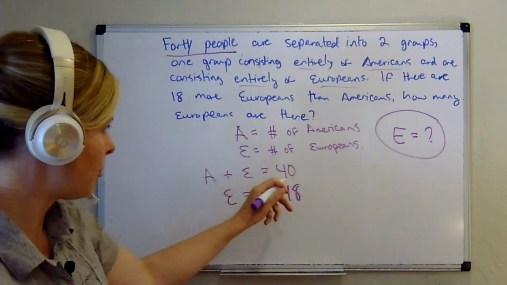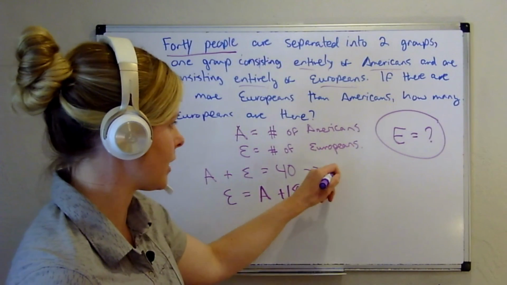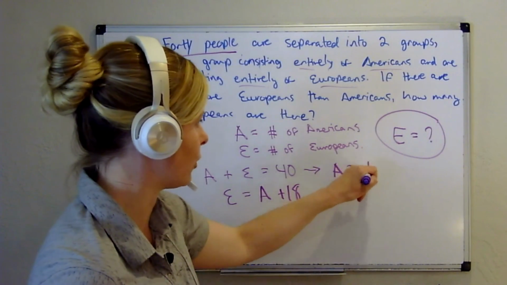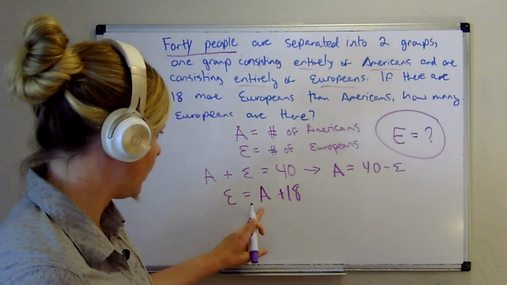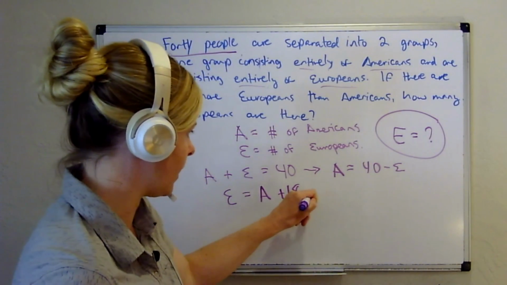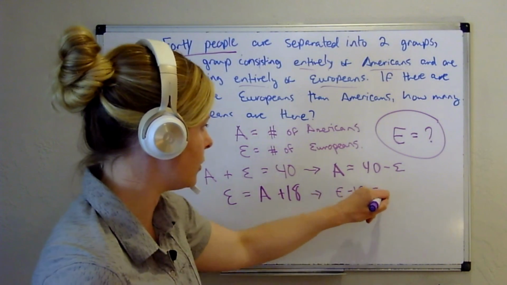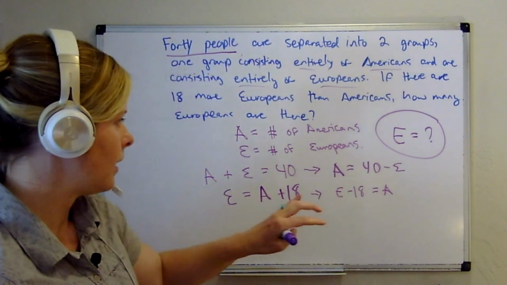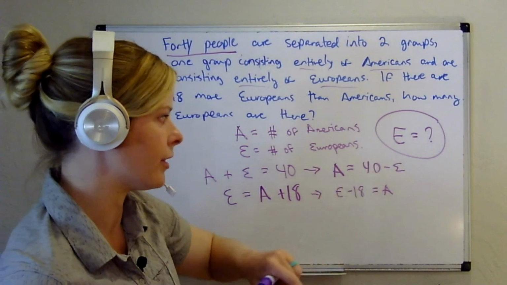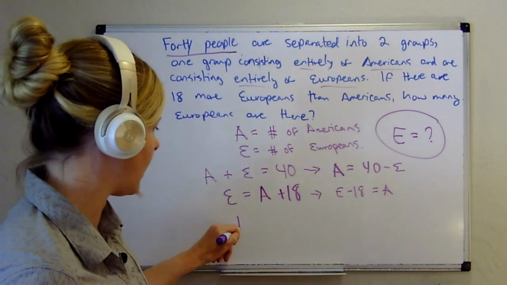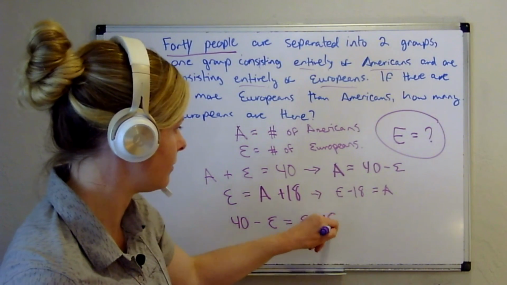So for this top equation, I'm just going to subtract the E so that it ends up on the other side. So we get A is equal to 40 minus E. And then for this equation, I'm going to subtract the 18 and get it to the other side. So we get E minus 18 is equal to A. Now that I've got A on its own on one side of the equations, I can set my other sides equal to one another. So I've got 40 minus E is equal to E minus 18.